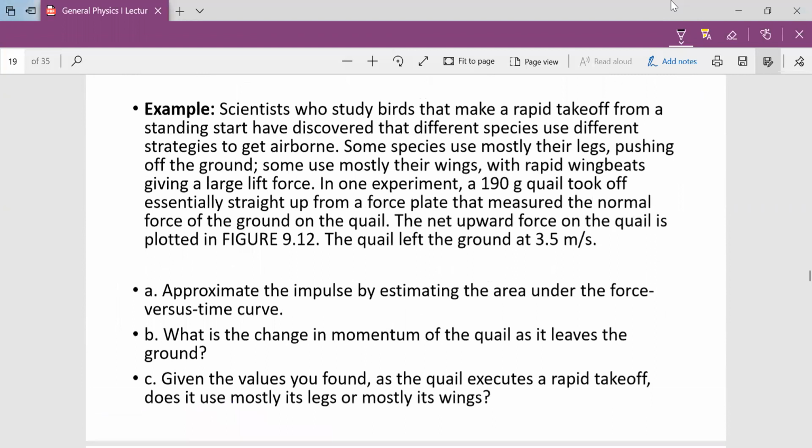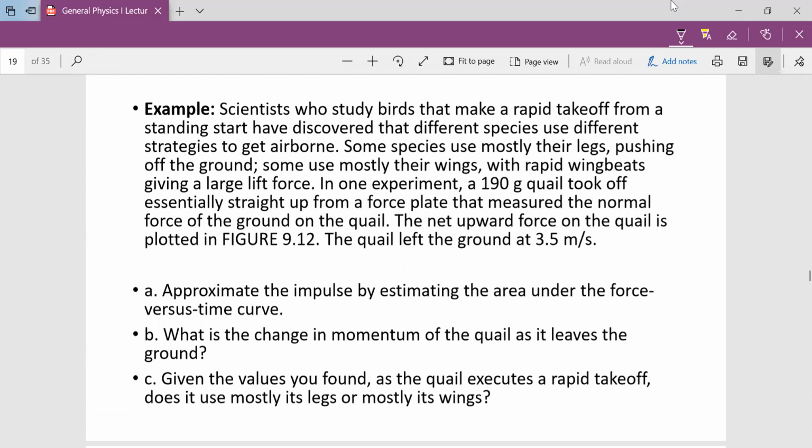So we'll take an example, then we'll move to the conservation law of momentum. We have researchers, scientists who research on several birds and their motion, how they go airborne, how they fly from rest position. Okay, so we have some scientists saying that some have to initiate the first motion by putting force from springing off from their legs, and some will have to do that from the wings.